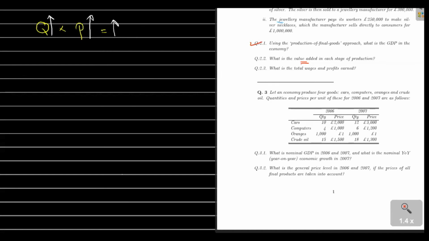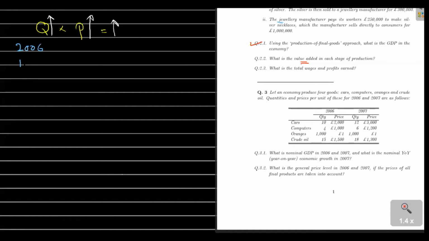So in this data, let's say we're going to look at 2006, okay? So I want to calculate the total value of GDP in this economy, which produces only 4 products: cars, computers, oranges, and oil. So all I need to do is to find Q times P, or quantity times price.